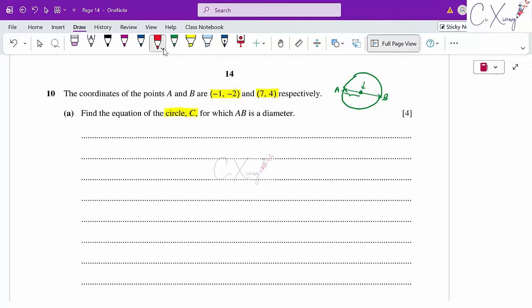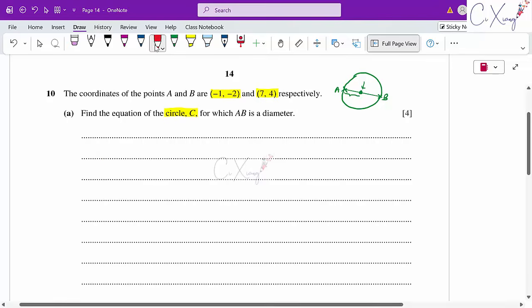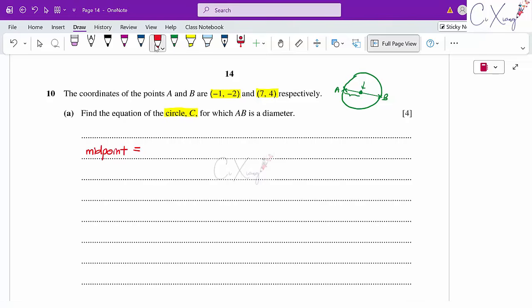All right, so let's have a look at the first part first. Let us find the midpoint of the circle first. The midpoint of AB will be the center of the circle. Right, so I find the midpoint. What's the formula for the midpoint between the two points here?